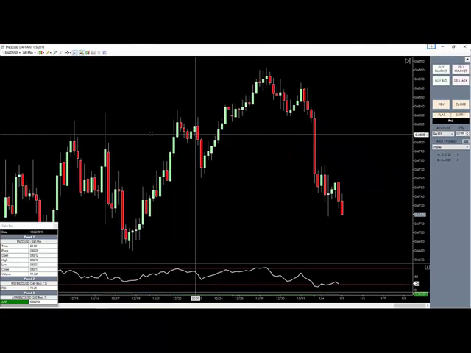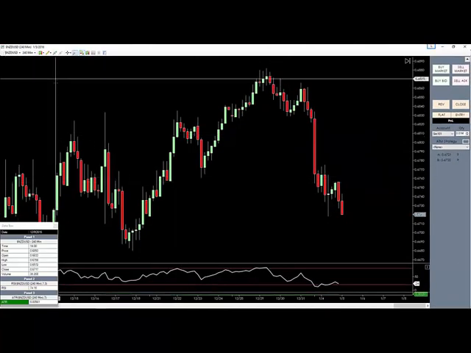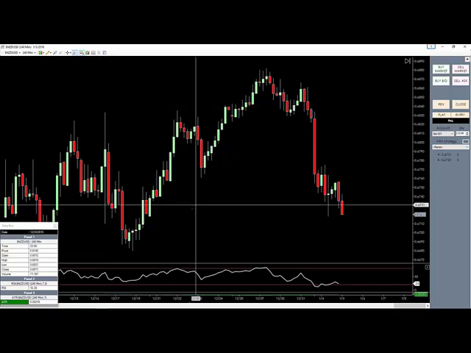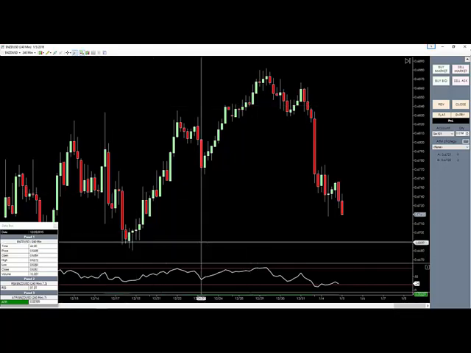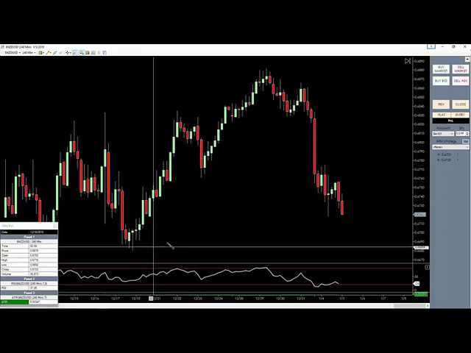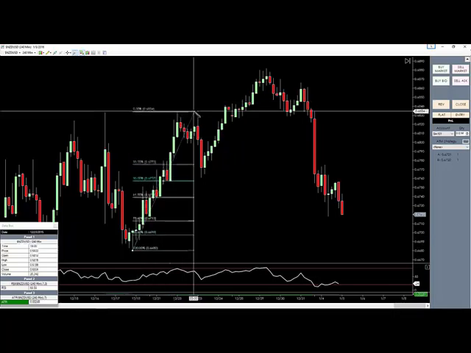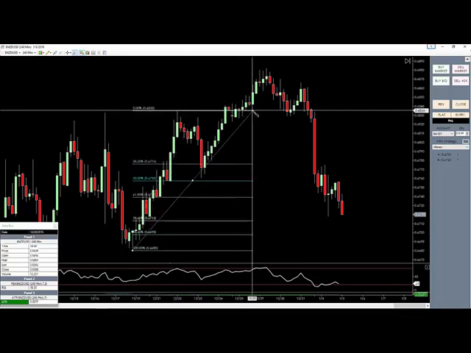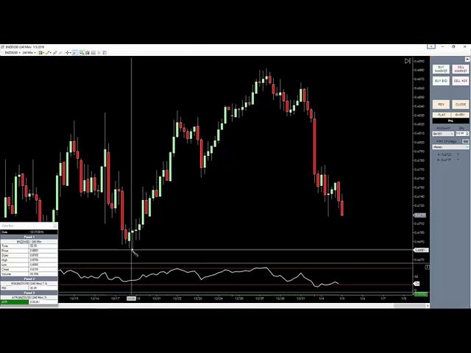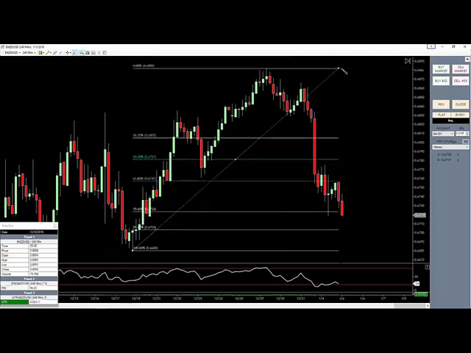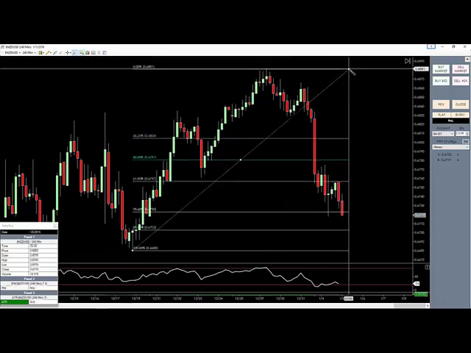Although in our 240 we do see a Cipher pattern that is right here.